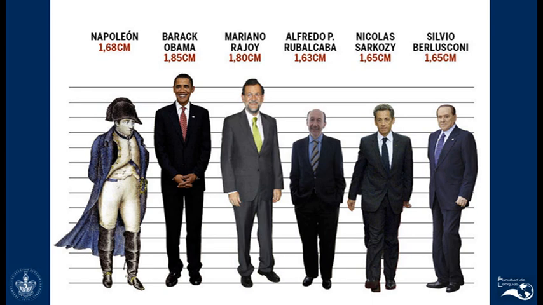So in this case, given that Napoleon was a statesman, a leader of his country, we're going to compare him to other world leaders such as Barack Obama, Mariano Rajoy, Alfredo Rubalcaba, Nicolas Sarkozy, and Silvio Berlusconi. We have the different heights here, but we're going to analyze this sample of group leaders, and then we will draw generalizations about whether or not Napoleon was short or not.